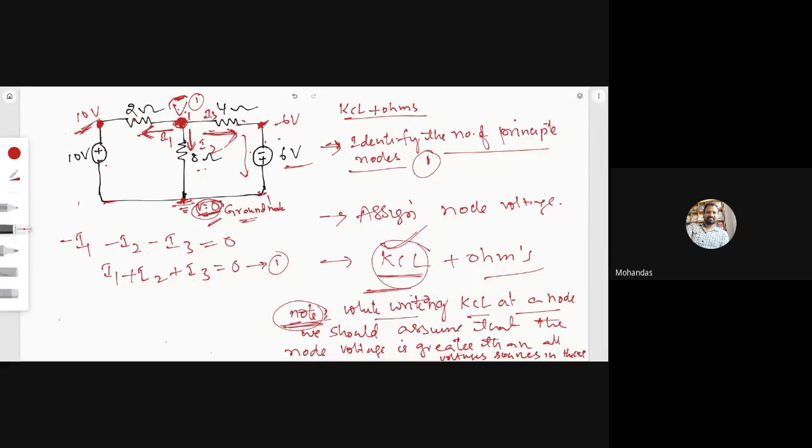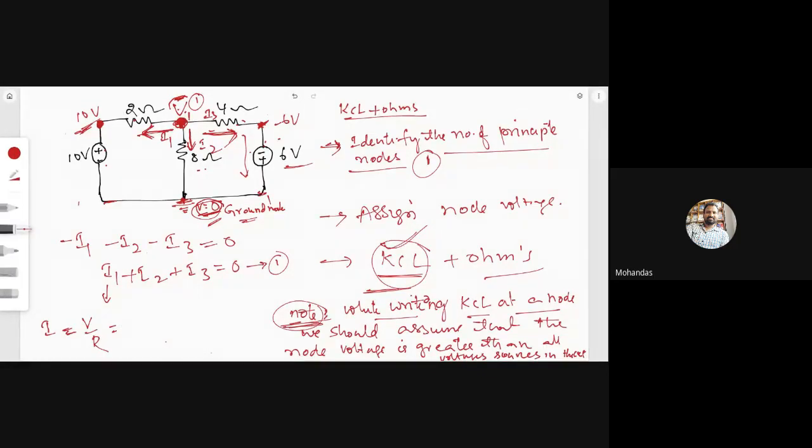Now come to Ohm's law here. What is Ohm's law? According to the formula, V is equal to IR, so I is equal to V by R. But what is I1 here?